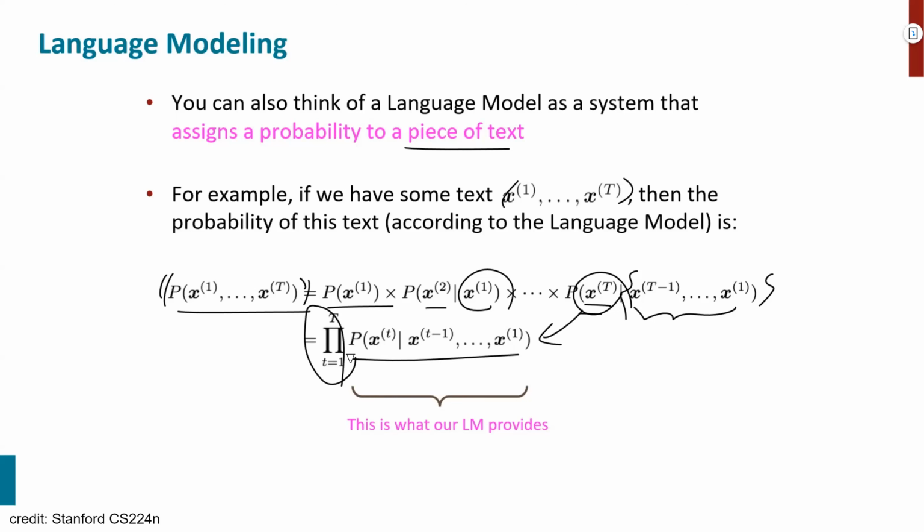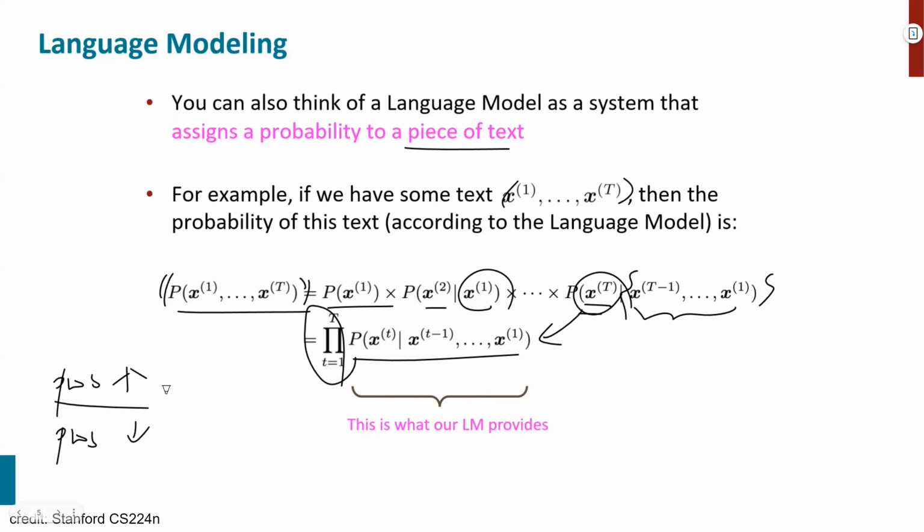And what does it mean if the probability of a piece of text is high? And what does it mean when it is low?